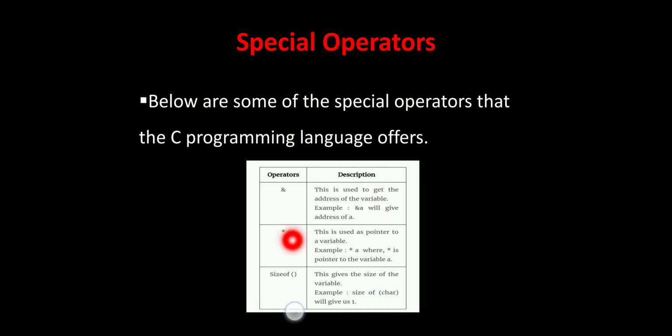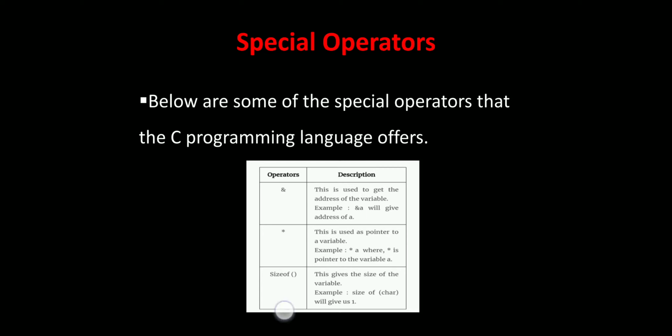And asterisk is used to point to a variable where the particular variable is stored. Ampersand is used to get the address of the variable, and asterisk is used to point to that variable where it is stored. And sizeof gives the size of the variable.